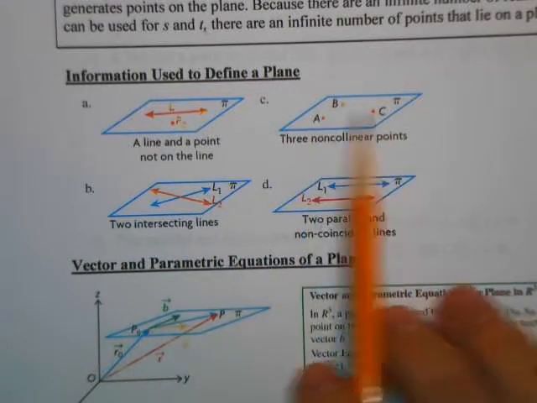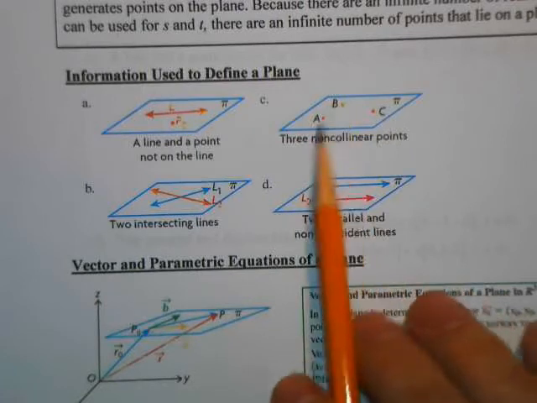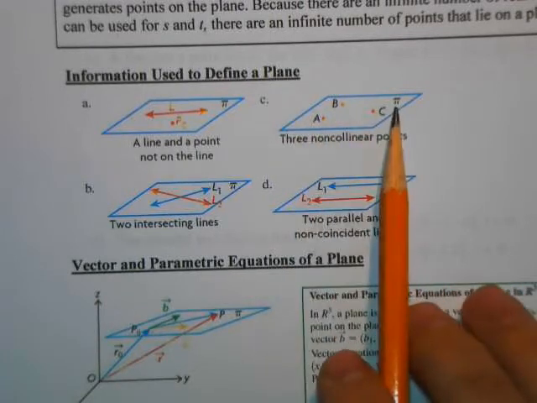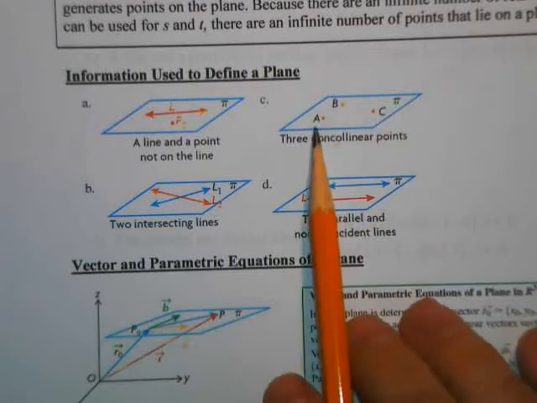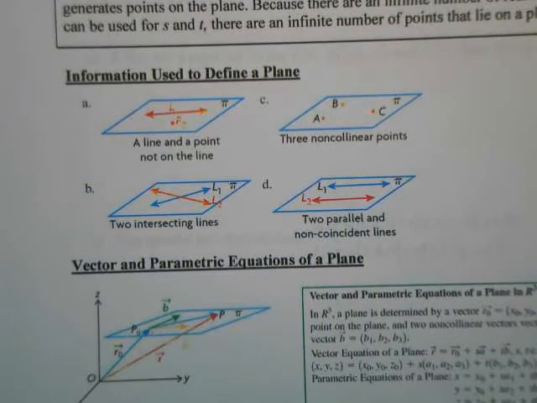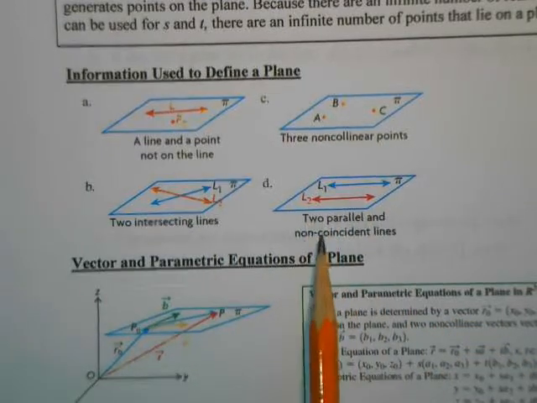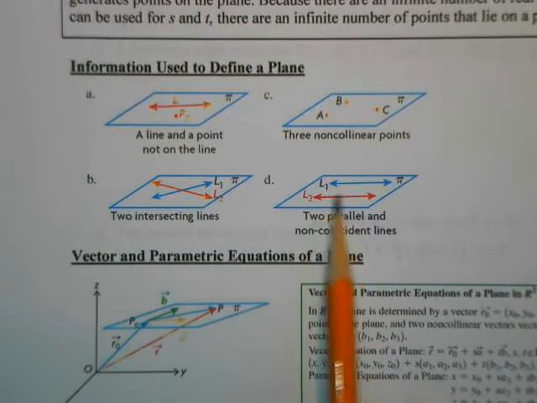If you have three non-collinear points, so non-collinear in this situation means they don't form a straight line, because if they did, then you'd be defining a line in R3. And the last case would be two parallel lines on the plane, but they're not the same lines.